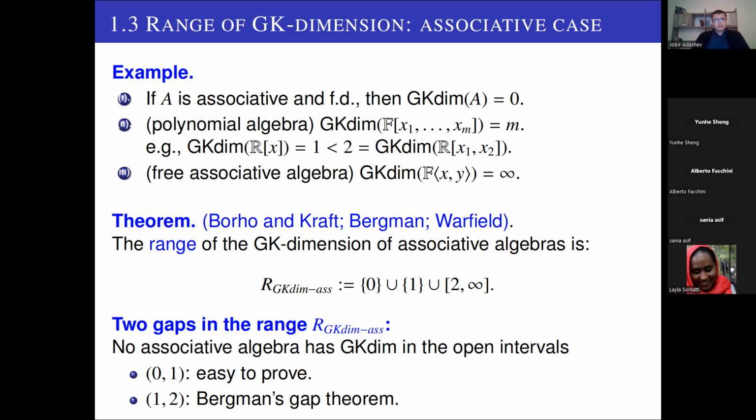The first one is the open interval from 0 to 1. This gap is quite easy to prove. The second gap is the open interval from 1 to 2. The existence of this gap is Bergman's gap theorem.